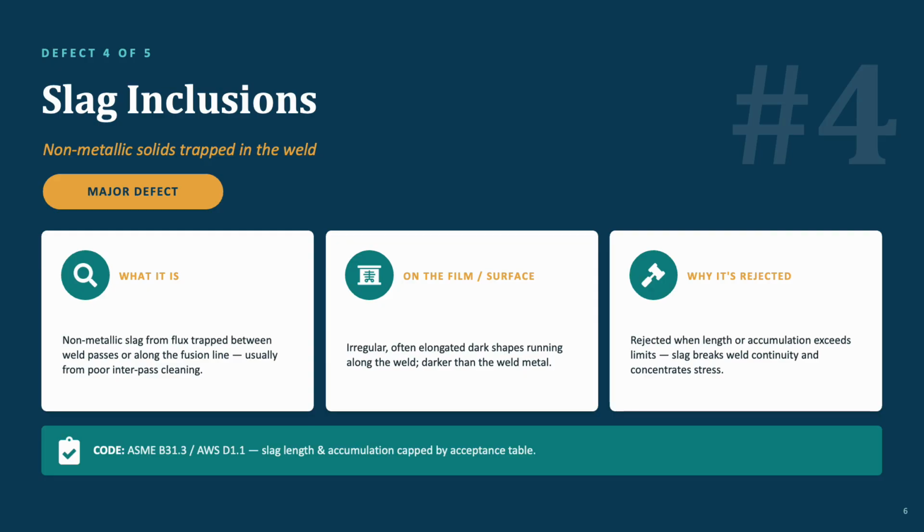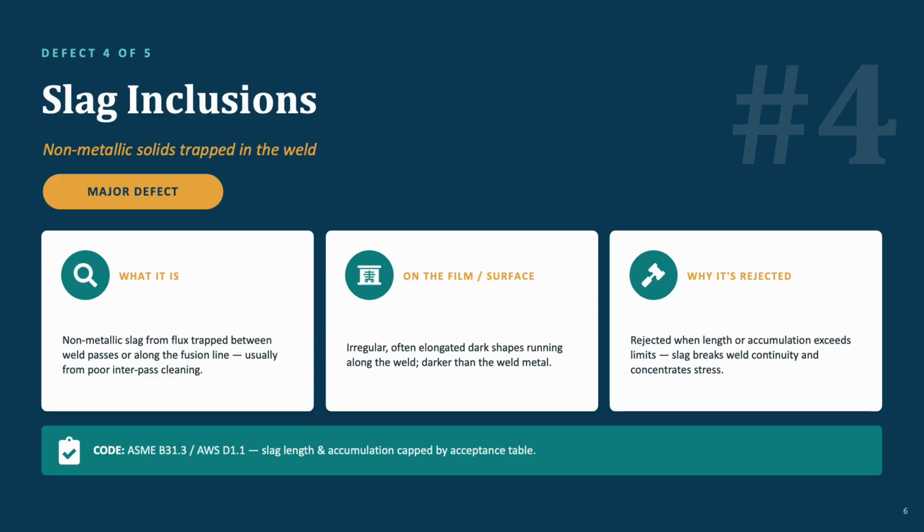Almost always it is a cleaning problem, poor interpass cleaning. On film, it looks irregular or often elongated, running along the weld and darker than the weld metal. It is rejected when the length or the accumulation exceeds the code limit, because slag breaks the continuity of the weld and concentrates stress.